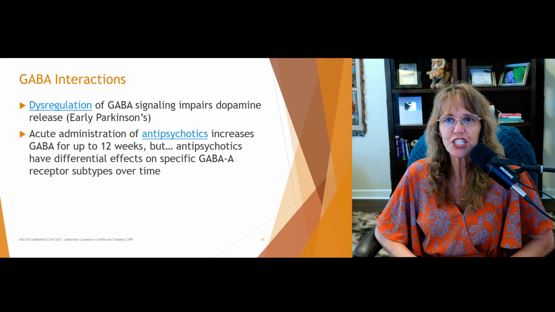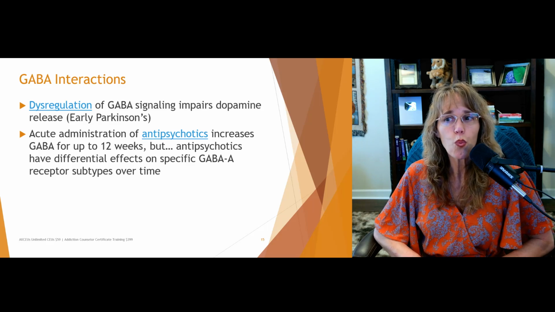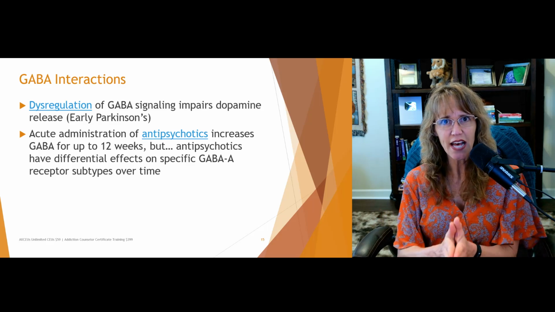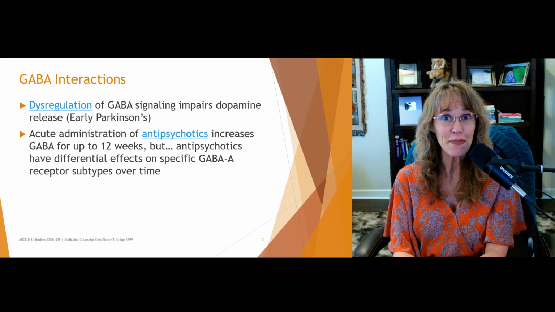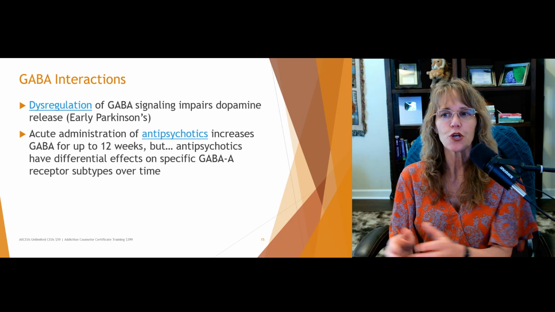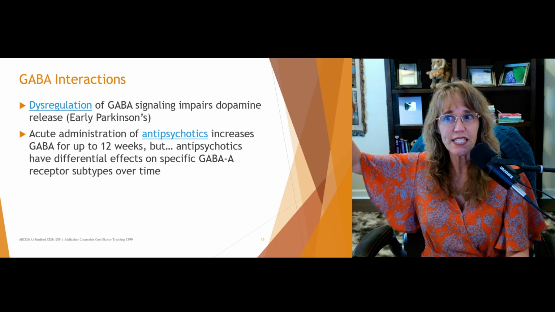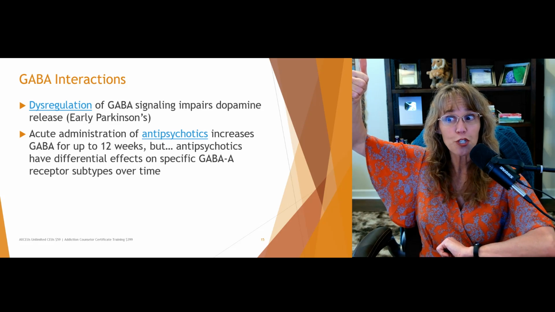Acute administration of antipsychotics increases GABA for up to 12 weeks, which is kind of interesting. Remember, antipsychotics, their main target is dopamine and reducing dopamine levels. So when people take antipsychotics, it decreases dopamine, and GABA goes up for up to 12 weeks.